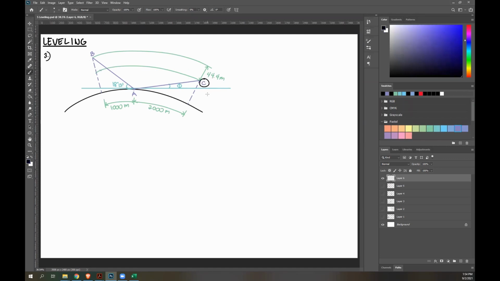So to get C, what we can do first is, since we know this distance, all we need is to get this height and then solve trig functions to get phi.